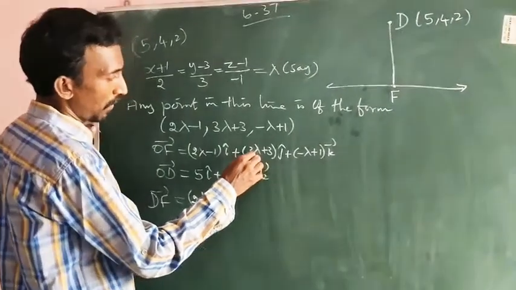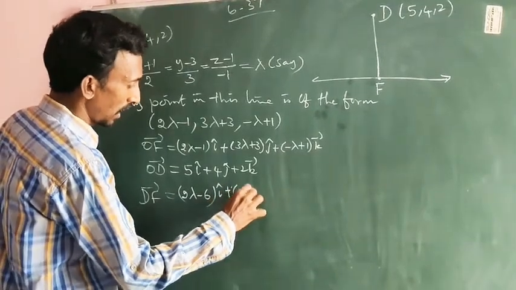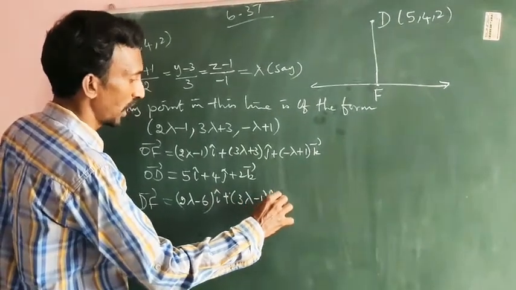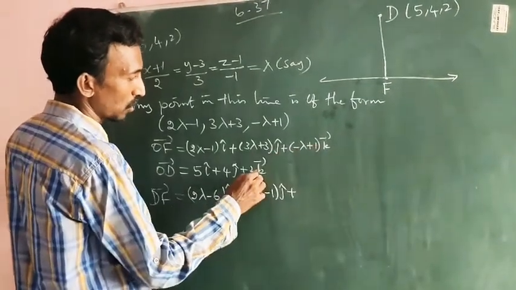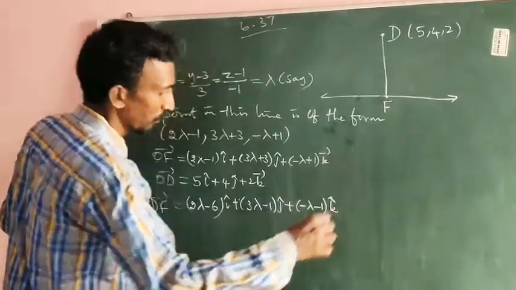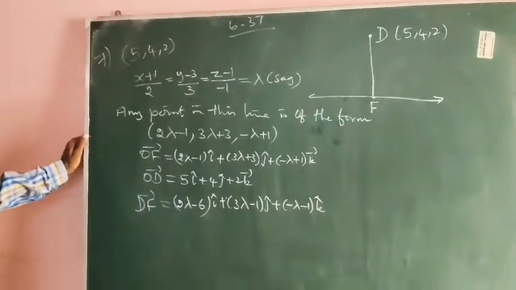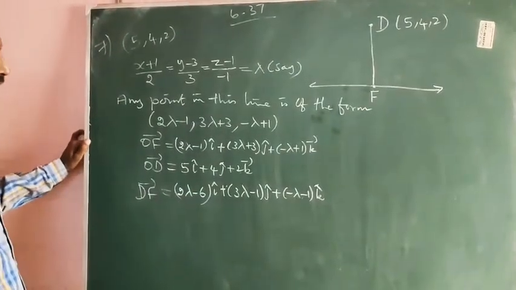Similarly 3 lambda plus 3 minus 4, so plus (3 lambda minus 1) j, plus minus lambda plus 1 minus 2, so (minus lambda minus 1) k. Are you clear? Or if you want, take the minus outside: minus (lambda plus 1) k.